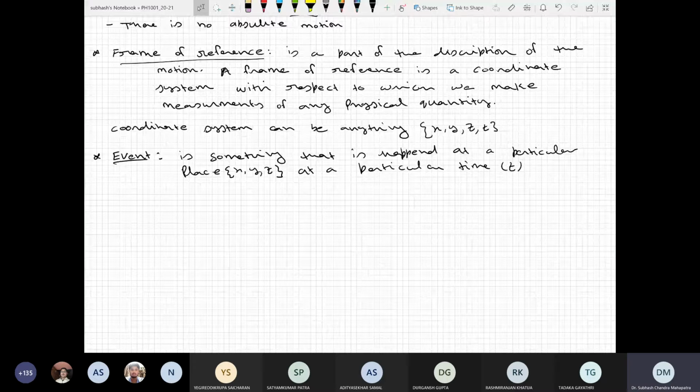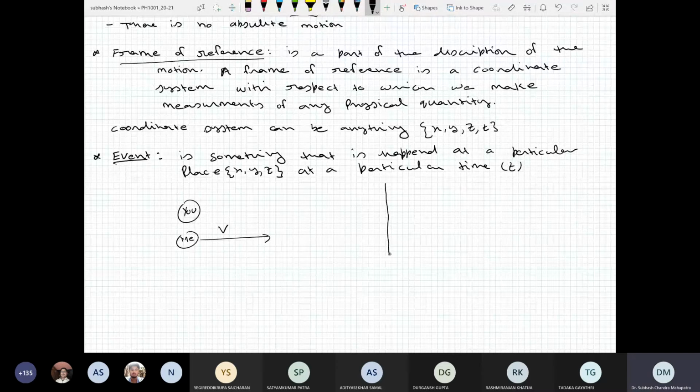You measure the motion. For example, let's say this is you, and you are at rest. With respect to you, I am moving with velocity v. So this is your coordinate system. I'll work only in the x coordinate; y and z we don't worry about, we can insert them later on.